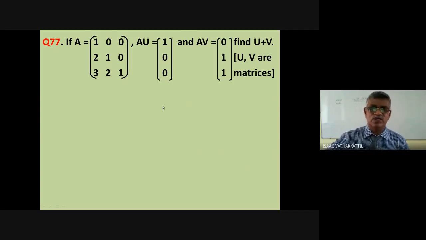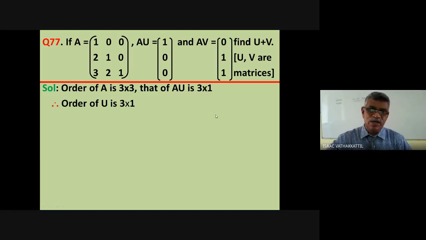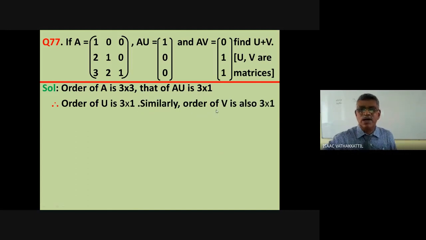U must be 3 by 1, and B also must be 3 by 1. The order of A is 3 by 3, and that of AU is 3 by 1, so the order of U must be 3 by 1. Similarly, the order of B also is 3 by 1.